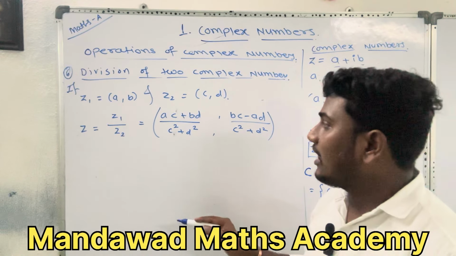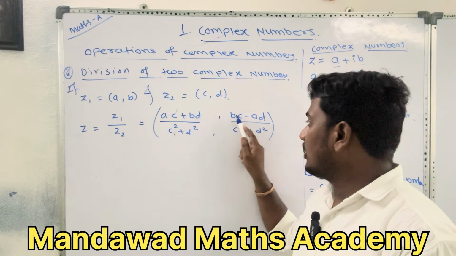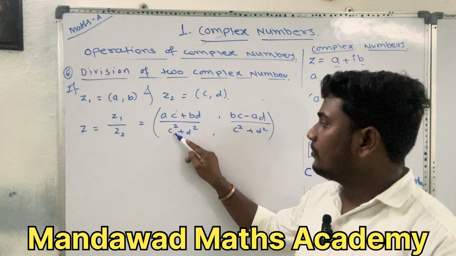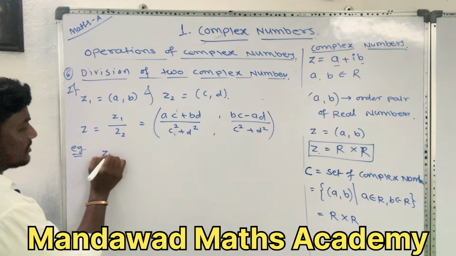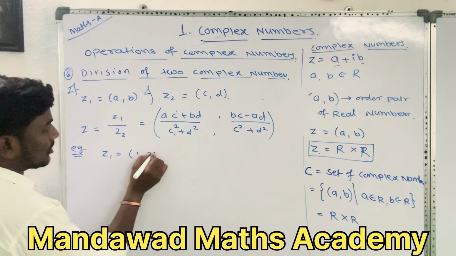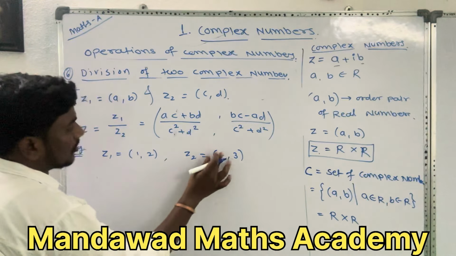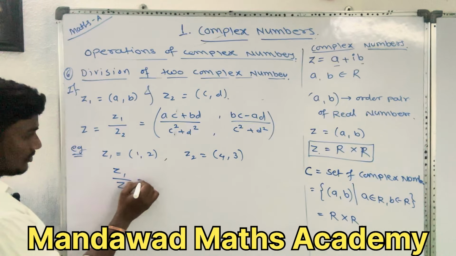That is defined as a into c plus b into d, b into c minus a into d, divided by c square plus d square. Let us consider one example. Z1 is equal to suppose 1 comma 2 and z2 equal to suppose 4 comma 3. So what is z1 divided by z2?